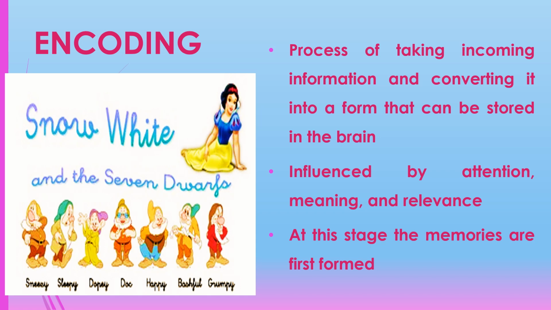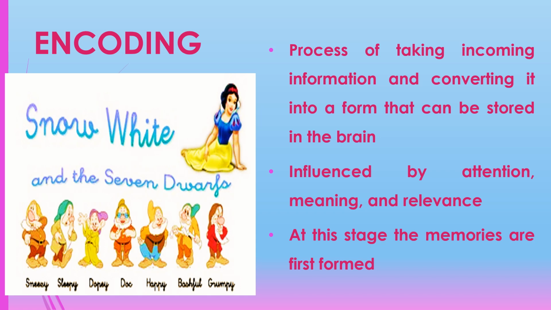Consider the example that you are trying to learn the names of the 7 dwarfs in Snow White and the 7 Dwarfs. The names are Doc, Grumpy, Happy, Sleepy, Bashful, Dopey, and Sneezy. The first step in the encoding process is what? You need to pay attention to the information.